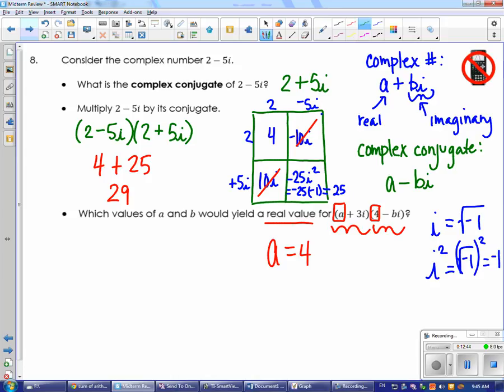And if these are going to be complex conjugates, that means that the term involving i has to be opposite. Well, I already have the opposite sign, so that must mean that b is equal to 3. And that will make them complex conjugates of each other. And when I multiply them, I will get a real number.